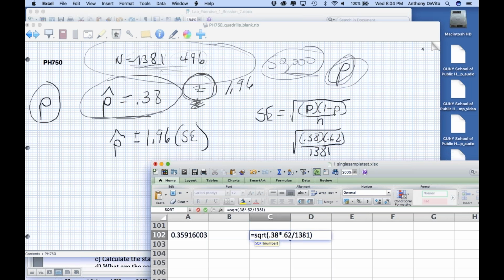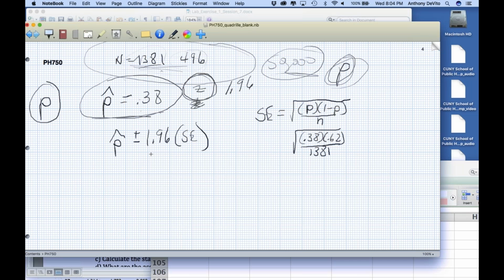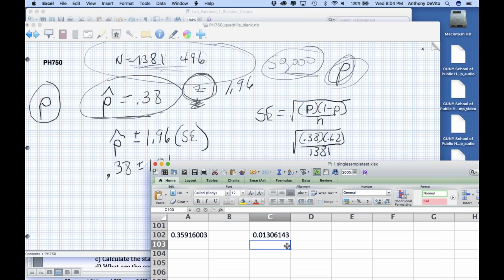It's going to clean out those parentheses first, so it should do it in the right order, and the answer comes up to be 0.01. So now our p-hat, which is 0.38, our 95% confidence interval is going to be 0.38 plus or minus 1.96 times 0.13.